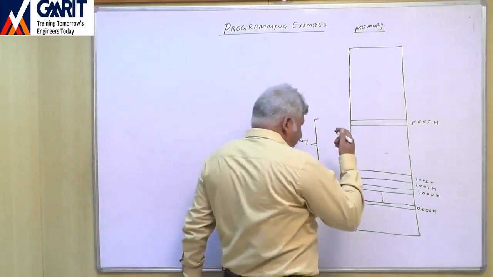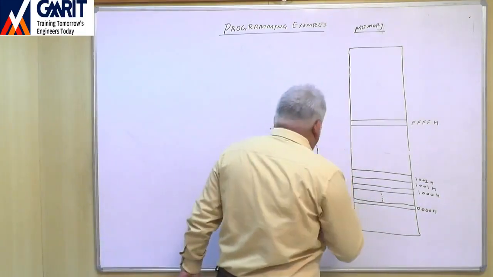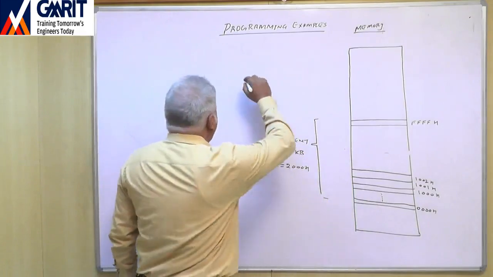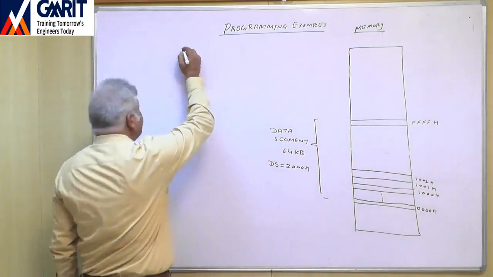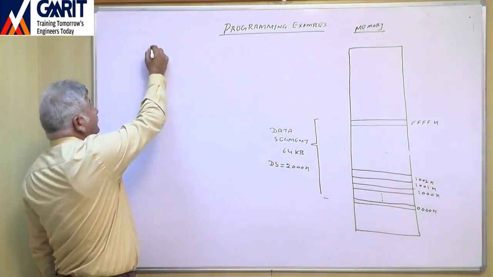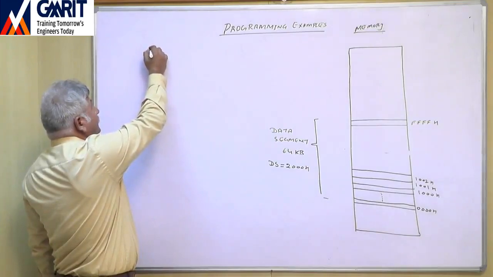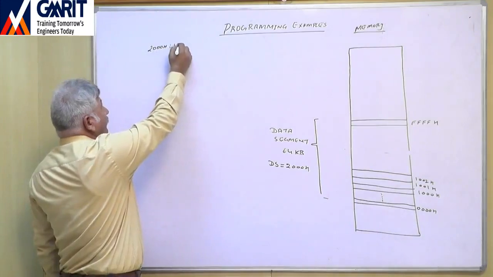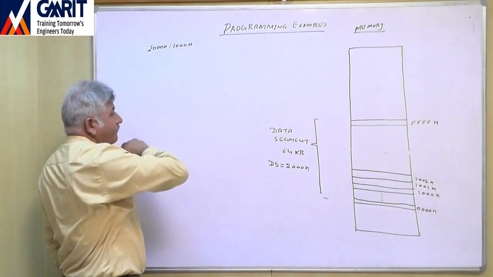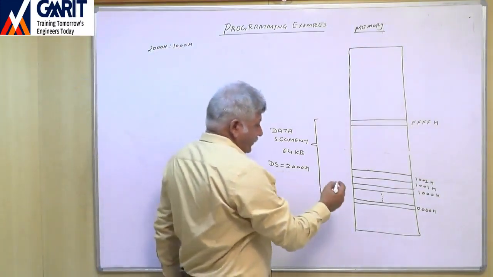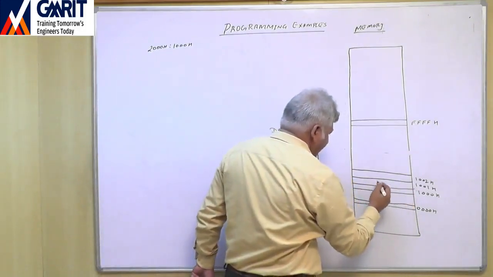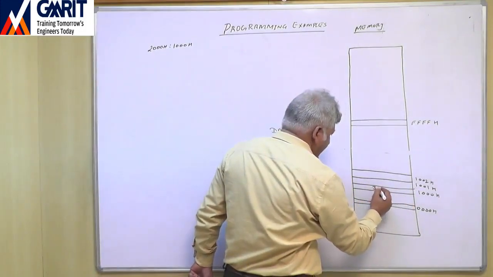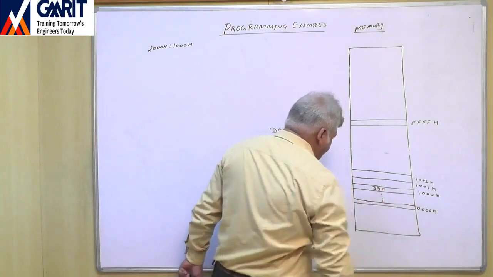So at each memory location we have some 8-bit number. Our aim here is this: at 2000H:1000H we have some data, let us assume it is 39H.